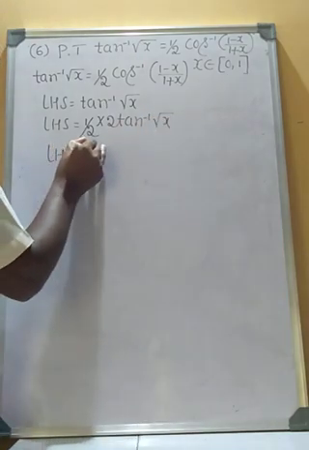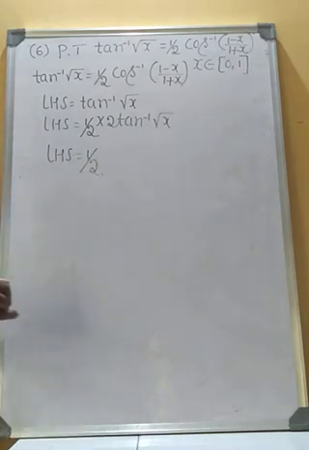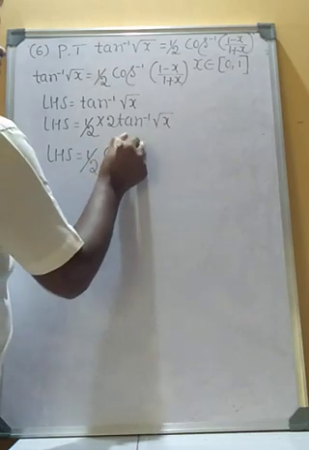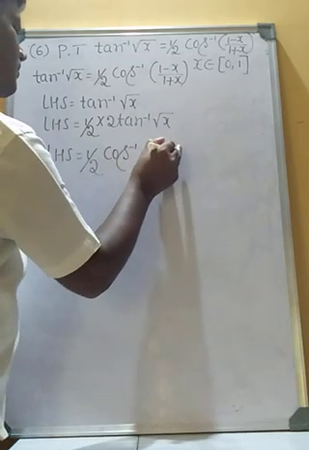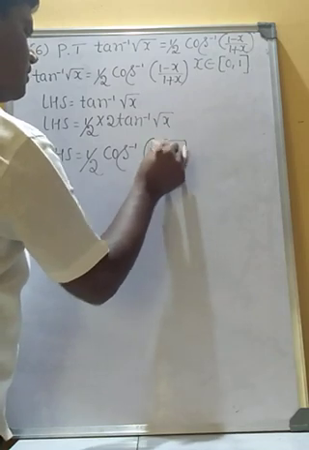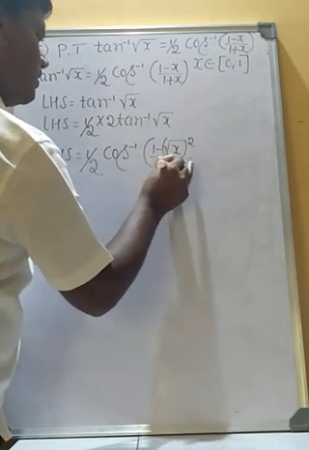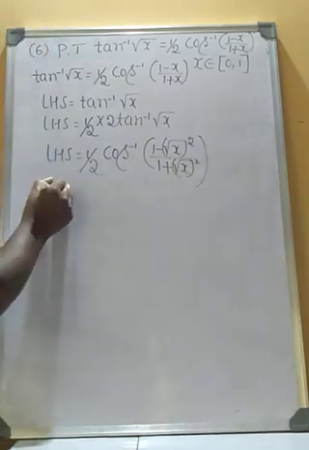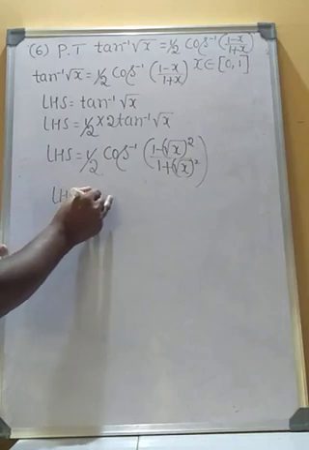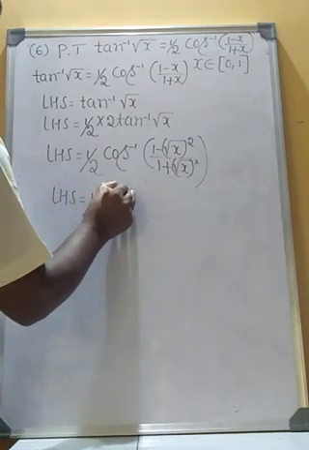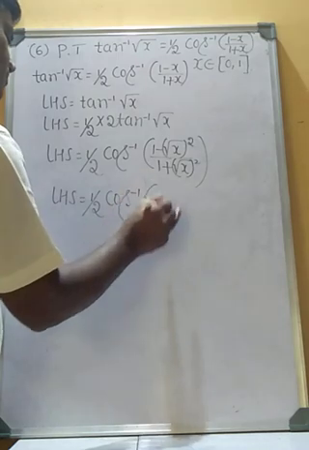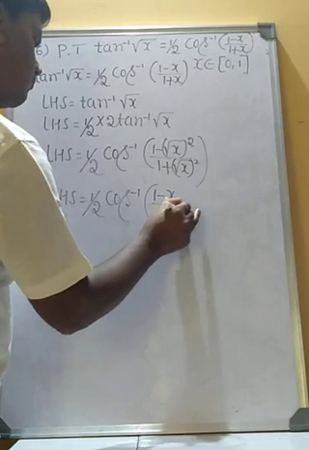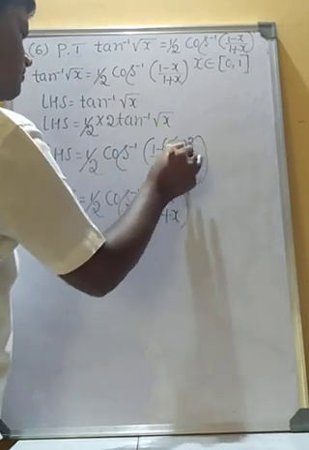Therefore, left hand side is equal to 1 by 2, and using the 2 tan inverse x formula, cos inverse of (1 minus root x squared) dividing by (1 plus root x squared). Therefore, left hand side is equal to 1 by 2 cos inverse of (1 minus x) dividing by (1 plus x), by square and root cancellation.